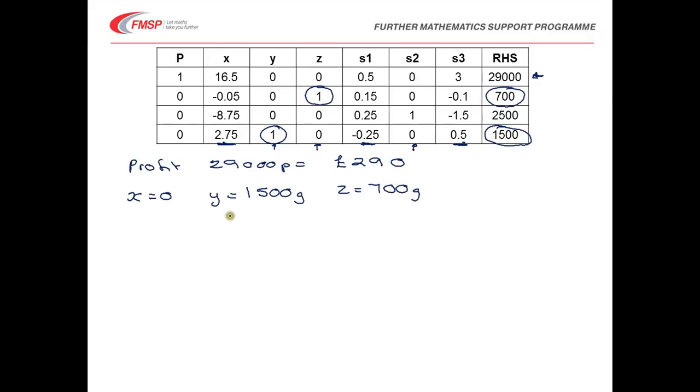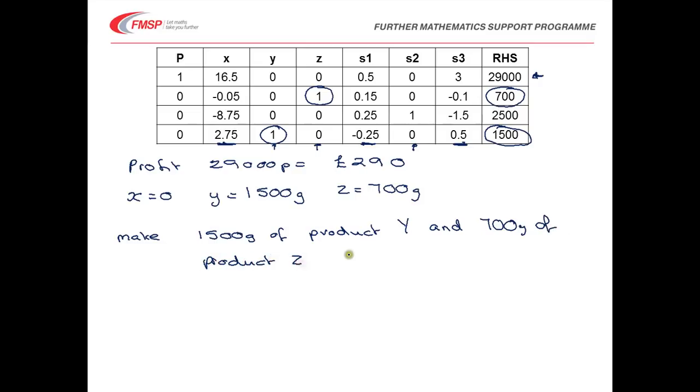So in terms of our interpretation, we can say make 1,500 grams of product Y and 700 grams of product Z, giving a profit of £290.